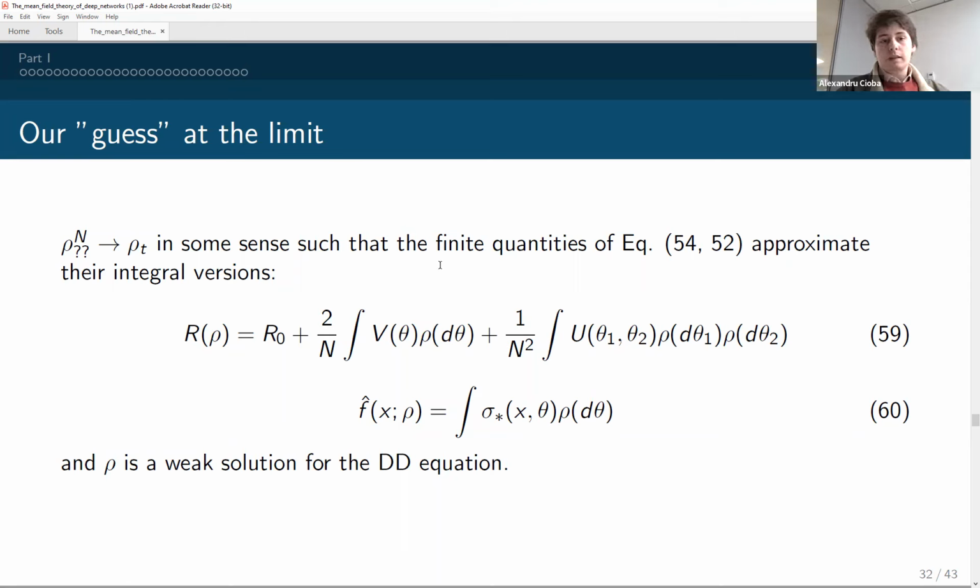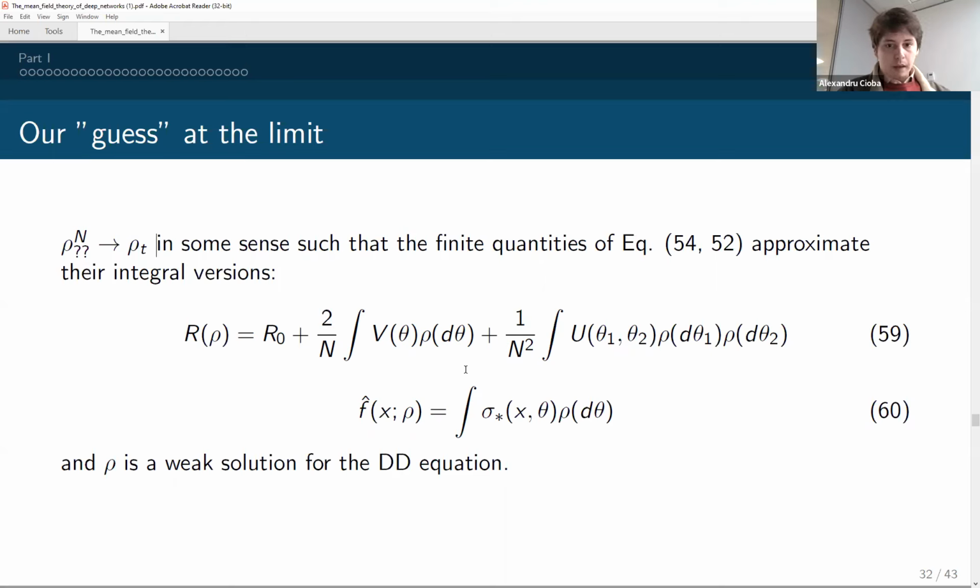In that limit, all of the appropriate quantities that we observed before, such as the outputs f and the risks, tend to their appropriate integral versions, right? So this is replacing the sums by integrals over this limiting distribution, just viewing the previous finite sums as integrals over the empirical distribution.